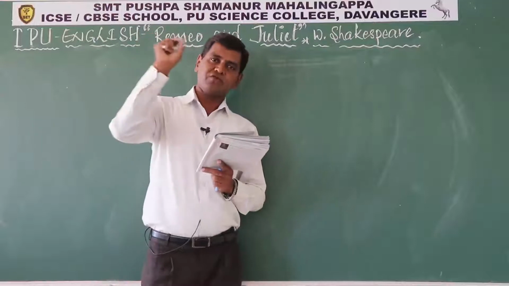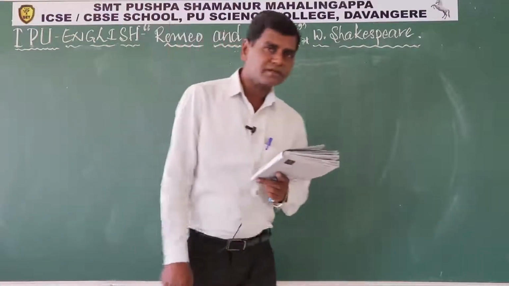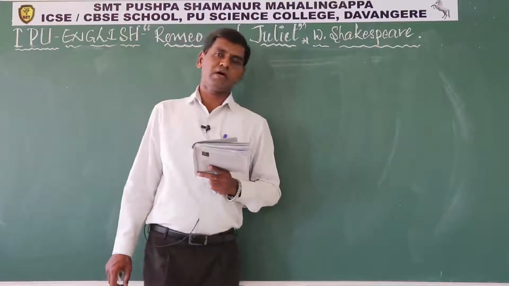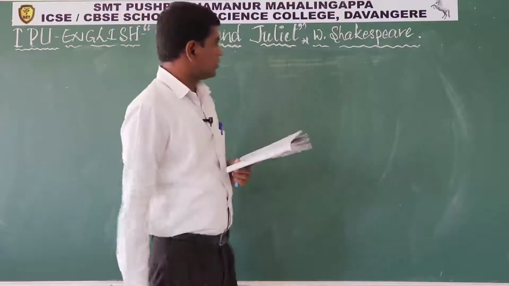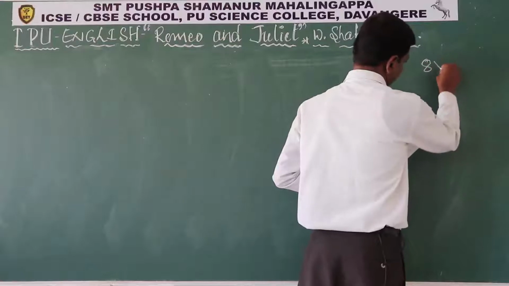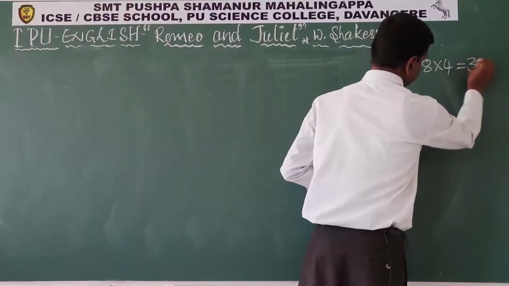Each and every student has to follow the instruction that is written on the question paper. See your answers: you are going to write 8 questions of 4 marks. So you have 32 marks here.